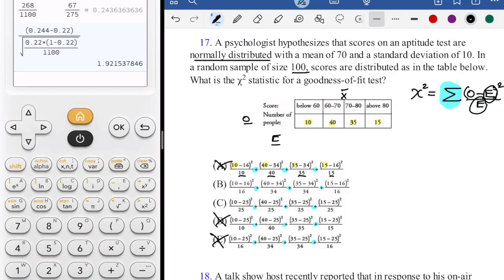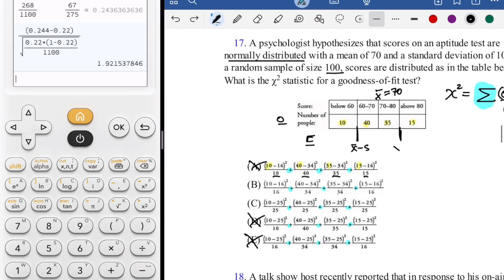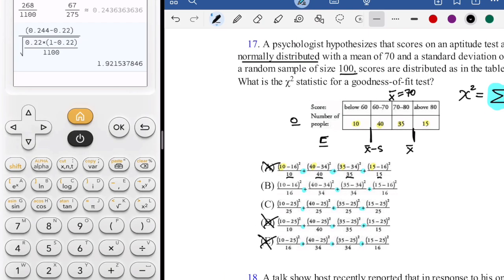So if my X bar is equal to 70, this location here would be one standard deviation below the mean, and this location here would be one standard deviation above the mean. That gets us 60 to 80.